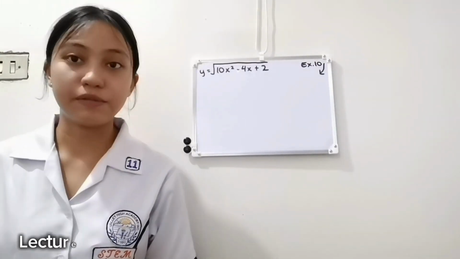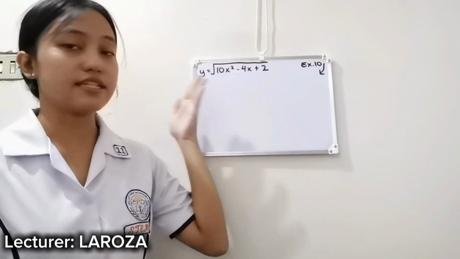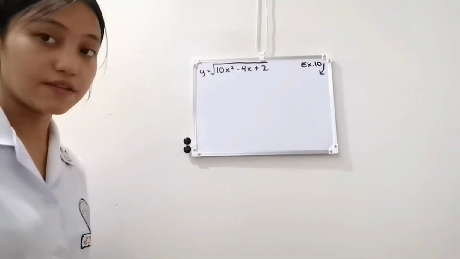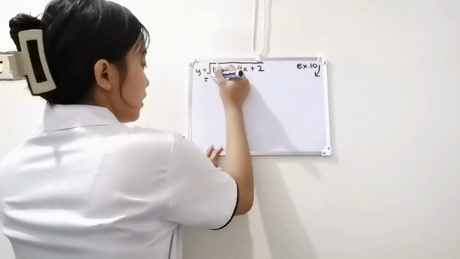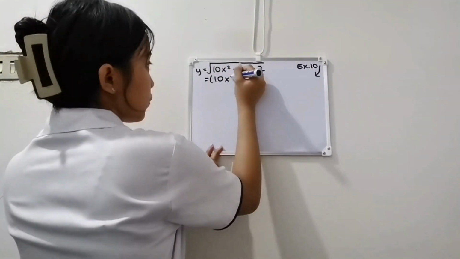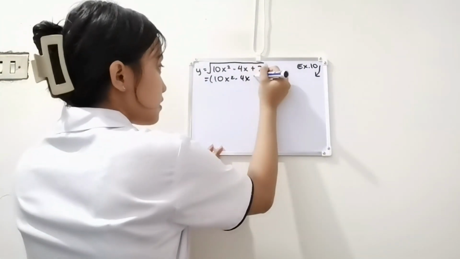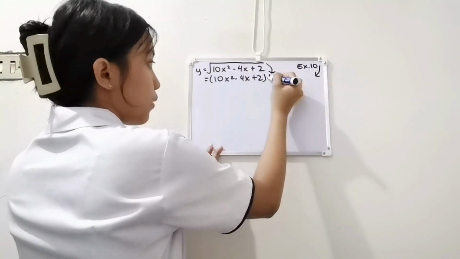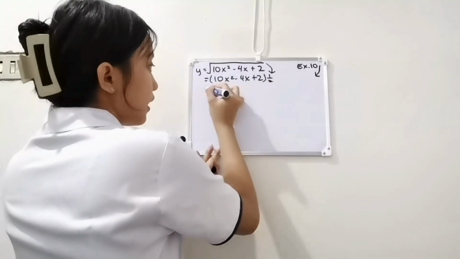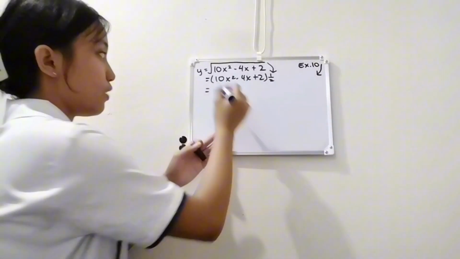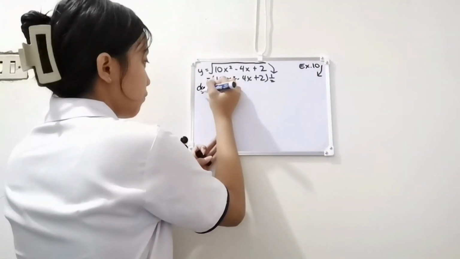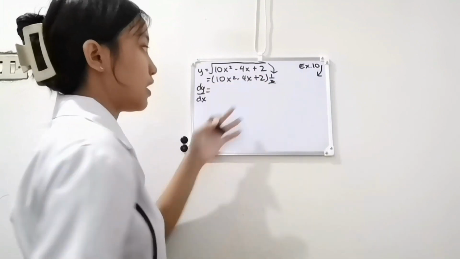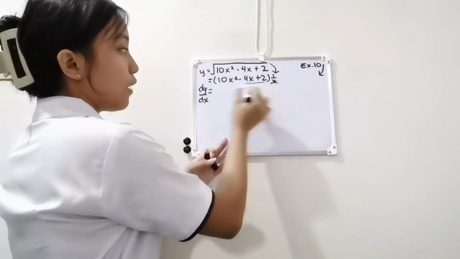For our example number 10, we have our given right here that is a trinomial under a square root. Now, before we start, we have to rewrite this given, which is parentheses 10x squared plus 4x plus 2, and the equivalent of our square root is 1/2. Now, again, using our formula, the derivative of y with respect to x, this 1/2 will be multiplied on our given.